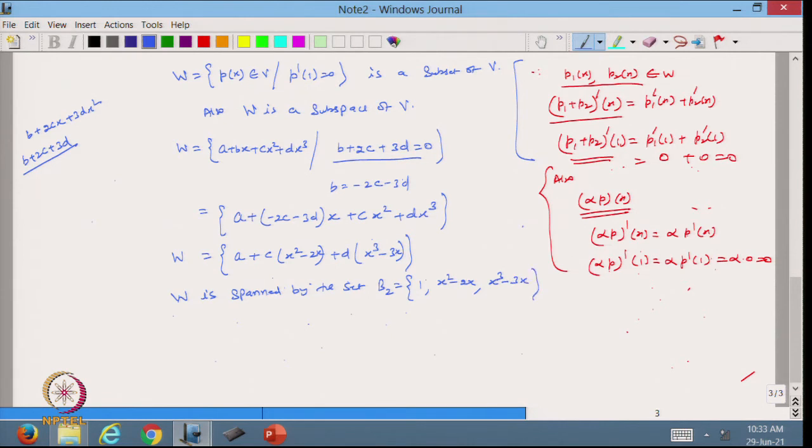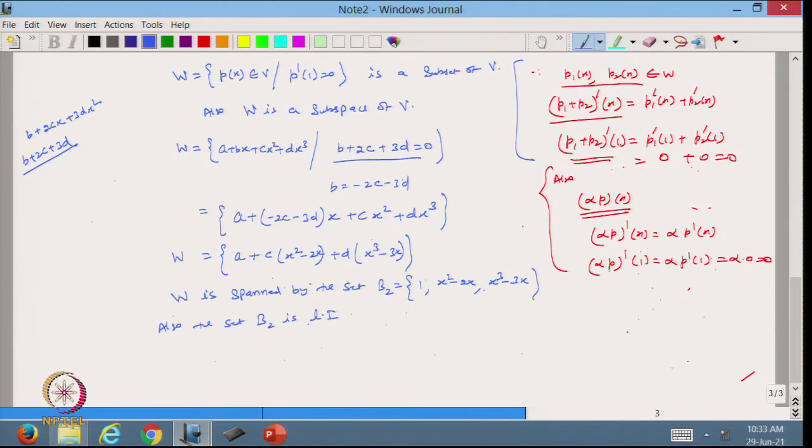So, it is spanning the whole W. Also the set B2 is linearly independent, because it has a constant term, an x square term and an x cube term, so different orders of the polynomial.